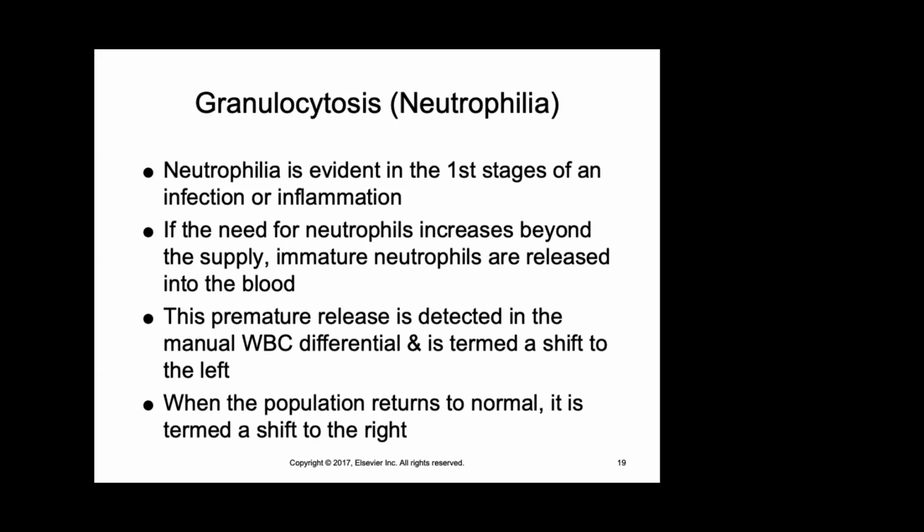Neutrophilia is the first stage of an infection or inflammation. If the need for neutrophils increases beyond the supply, immature neutrophils get released into the blood. This premature release is detected in the manual white differential and is termed a shift to the left. When the population returns to normal, it is termed a shift to the right.